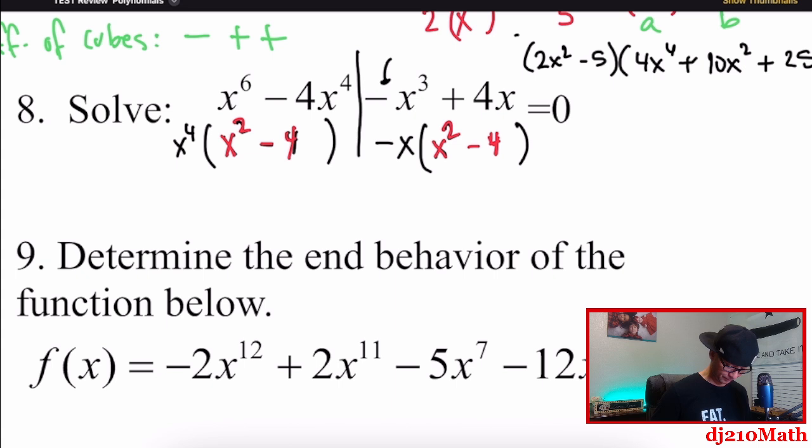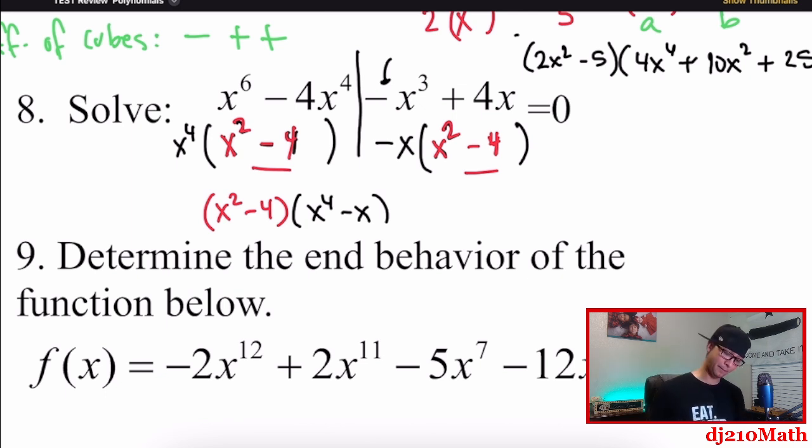Okay. Because the parentheses match, we know that's a factor. So x squared minus 4 is a factor. And then the black parts, x to the 4th minus x. Okay, both of these can be factored. So the red one first is a difference of squares, right? This is really 2 squared.